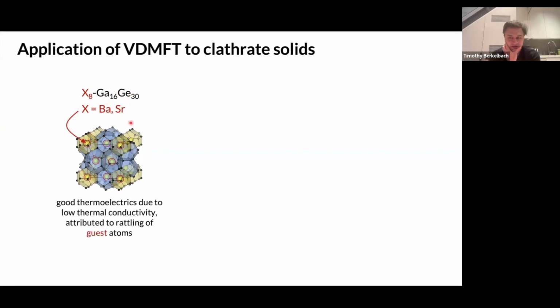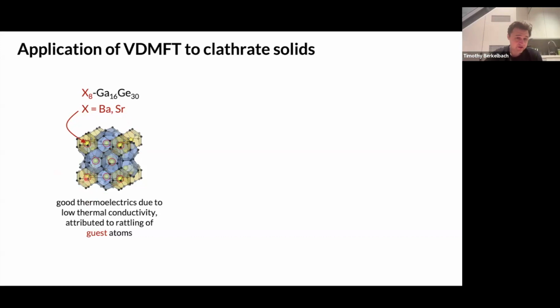So this class of materials is of interest to many people because they are promising thermoelectrics. The figure of merit for thermoelectrics is inversely proportional to the thermal conductivity. So a good thermoelectric should be a very poor conductor of heat. And in roughly an intuitive or hand-waving sense, these materials do have low thermal conductivity that's attributed to the rattling of these guest atoms inside of these Clathrate cages.